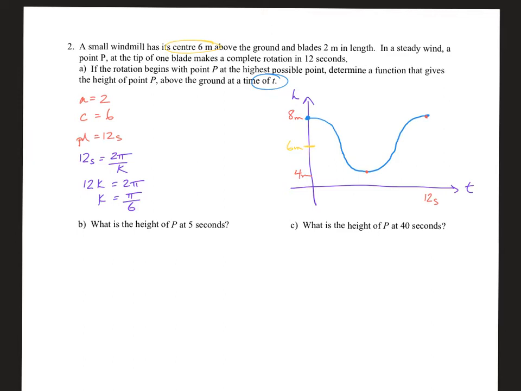Okay, that means then that I can go through now and build the equation of the function. Just notice what your variables are. They're not going to be y and x. We're going to deal with h and t. So the height of point P on that graph is going to equal an amplitude of 2.